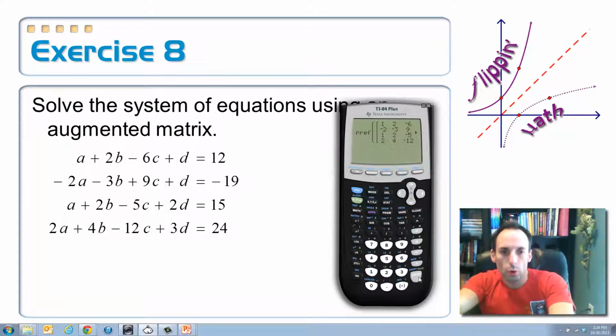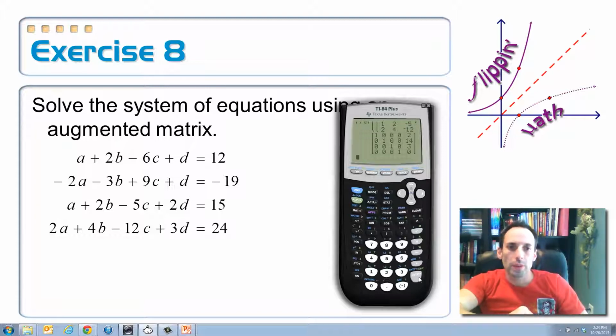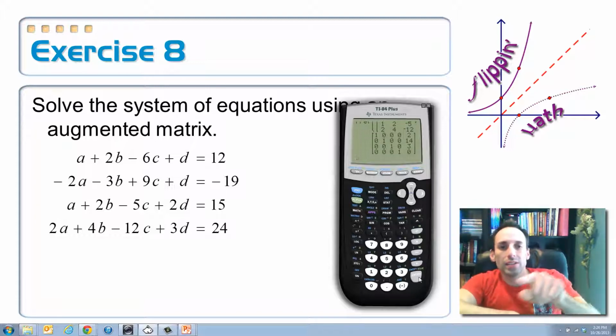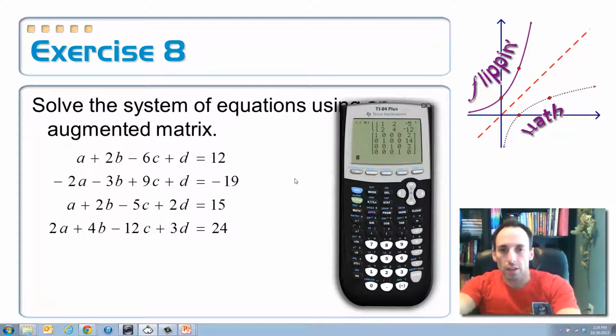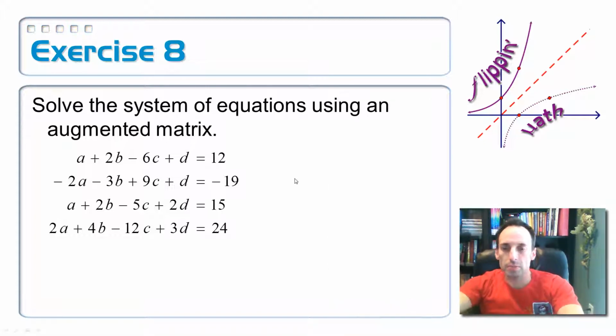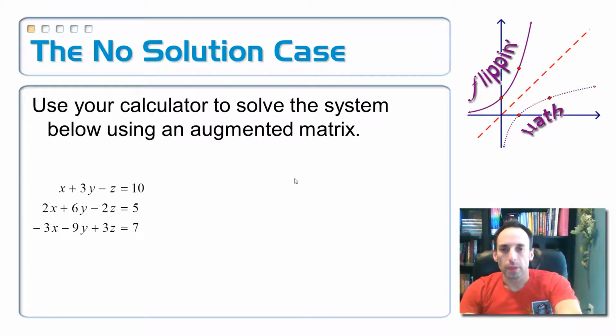When I do row reduced echelon form on it, here's my final answer: A is equal to 2, B is equal to 14, C is equal to 3, and D is equal to 0. That's it. See how fast and easy that was? This is the best method to solve a system of equations, especially really, really large systems.